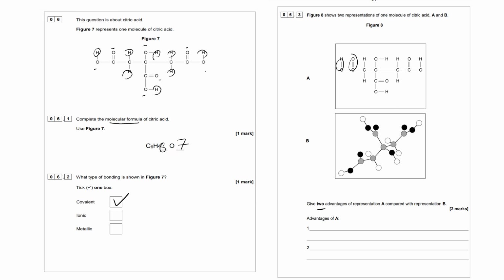So we can write down: A shows all the single and double bonds in the molecule.